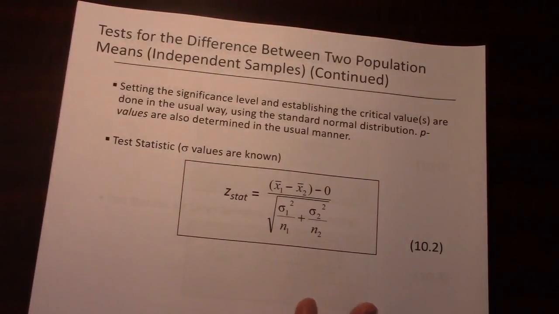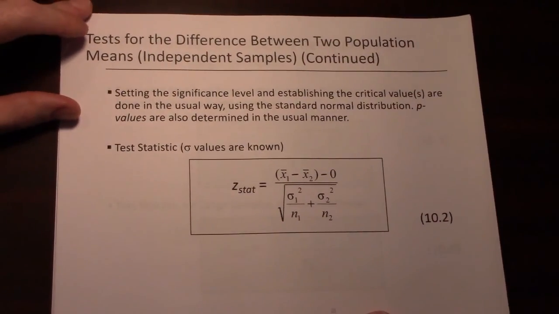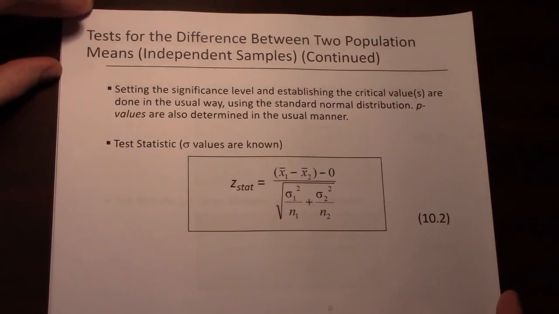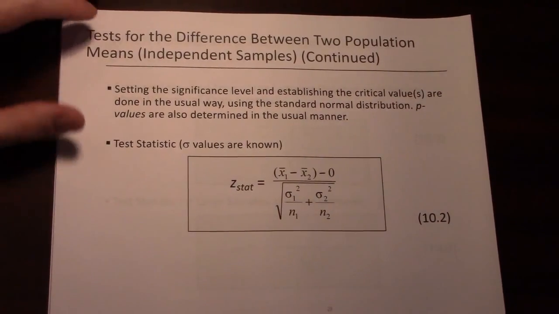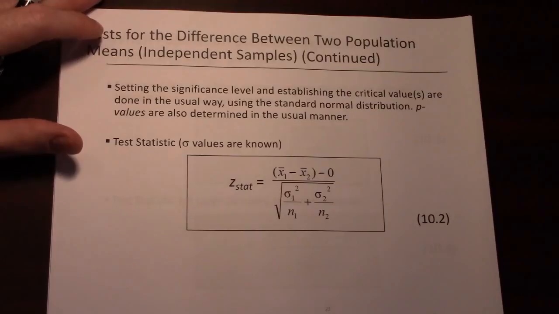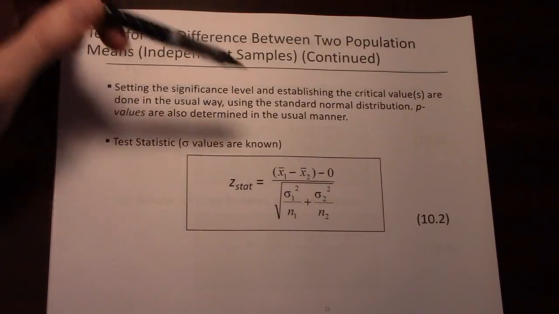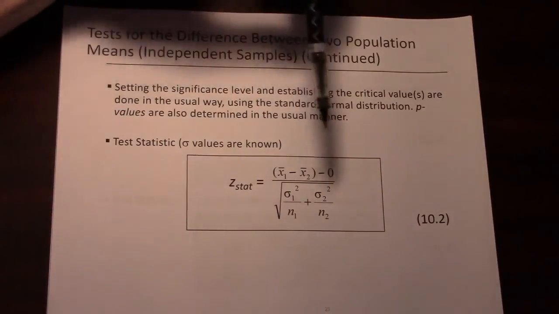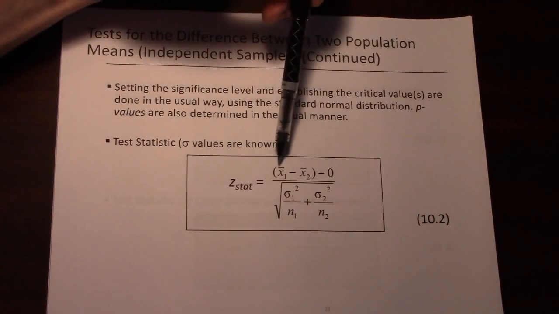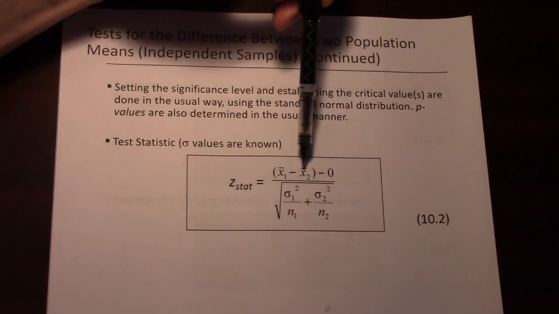Now, how do we calculate our test statistic to determine whether or not that test statistic falls in the rejection region? Well, the first thing, we go out and we take some sample data. This is the sample mean from town 1, this is the sample mean from town 2.